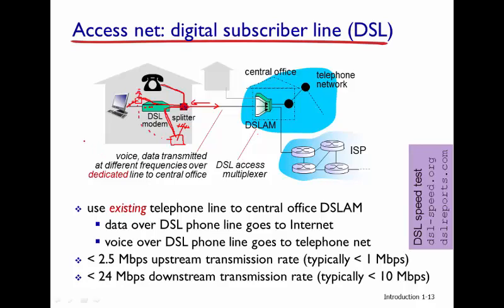So what we do is use the existing telephone line to the central office DSLAM, with data over DSL and voice over DSL. The speed is 2.5 Mbps upstream and 24 Mbps downstream, but a lot higher than this these days, maybe 50 Mbps downstream and maybe 5 Mbps upstream or more.